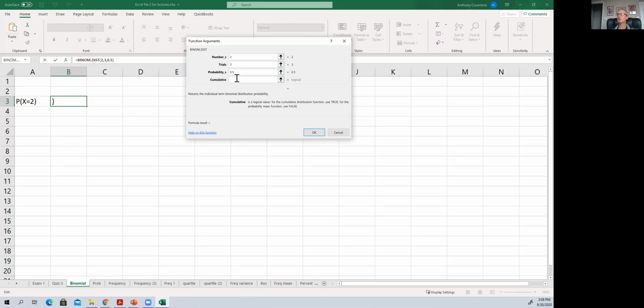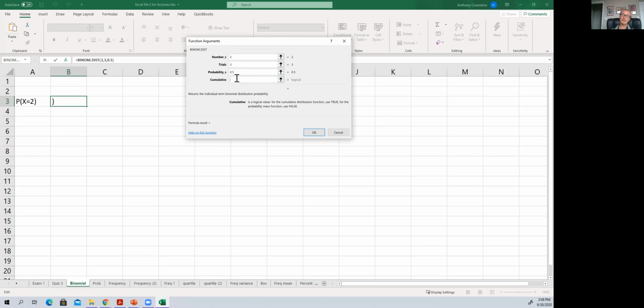And then this last one is cumulative, and you're going to use this a lot in the binomial. So cumulative implies that if you're doing an equal sign, you want to do a false, and it'll just evaluate the 1 point. If you're going to put in true, it's a less than sign.